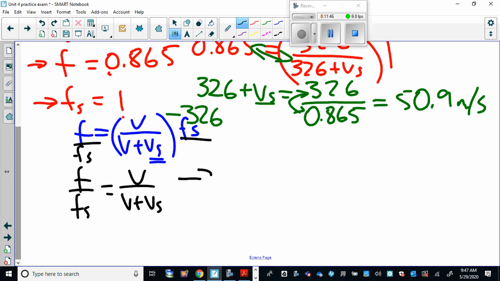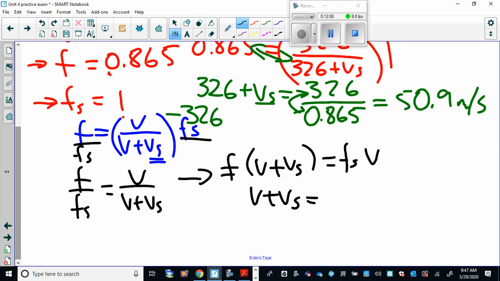Let's do this one step at a time. Then you divide by F, and then you can subtract that velocity.